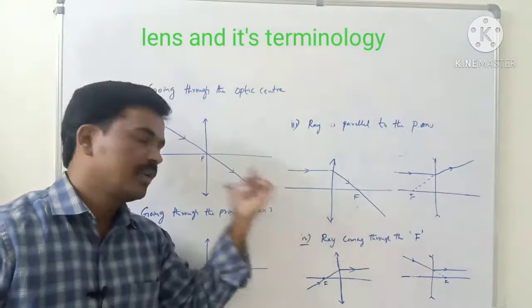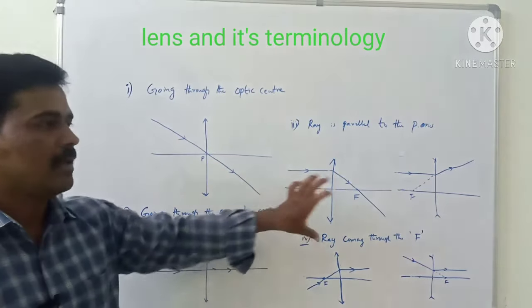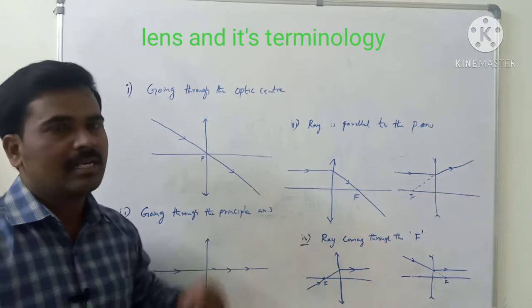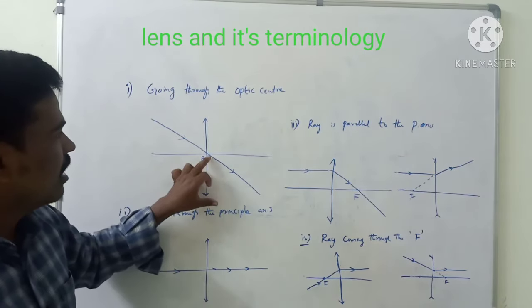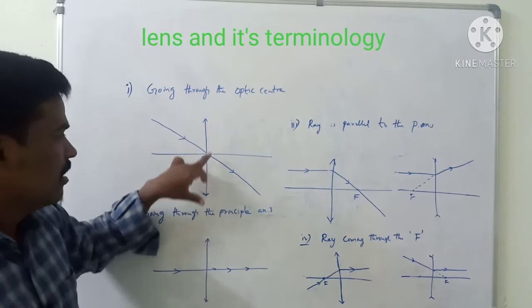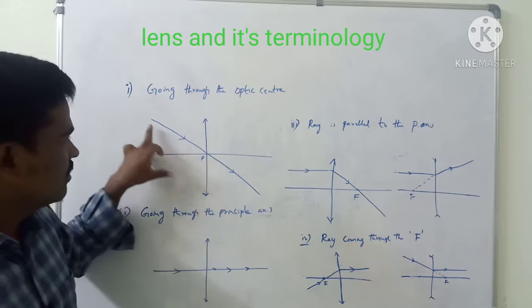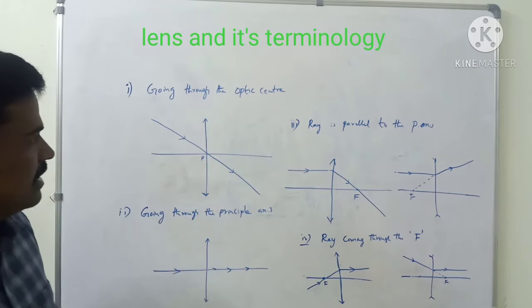After knowing these rays, we can draw how images are formed by the lenses. The first ray is the ray going through the optic center, point P. The ray going to the optic center doesn't deviate.